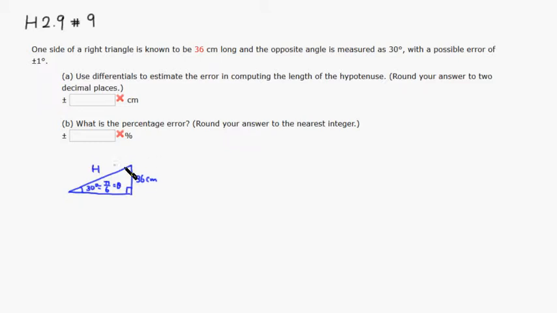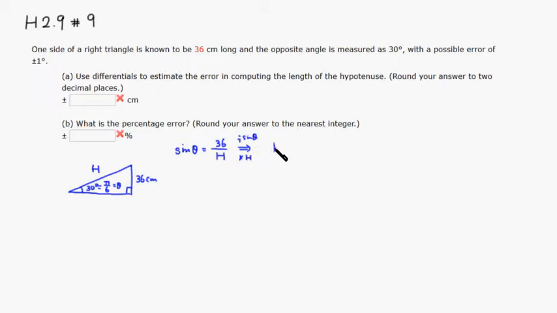The trig ratio that involves the opposite side and the hypotenuse would be sine. So sine of theta is equal to 36 over the hypotenuse. In other words, we can divide through by sine of theta and multiply by h.